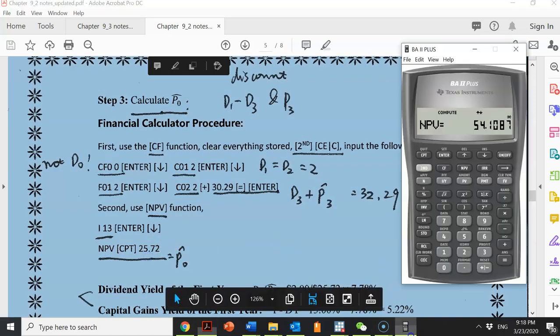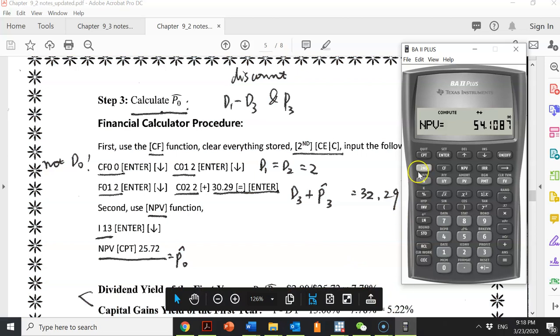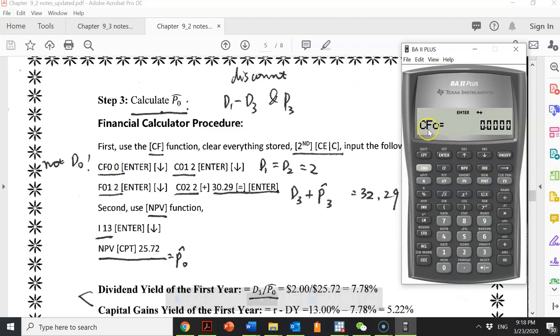If I show you on the calculator, I could have cash flow function, cash flow 0 as 0. Again, we do not input D0. Cash flow 1 is $2 here. Enter. Down button. Frequency 1, 2. Enter because we have two $2. Down button. Cash flow 2, D3 plus P3, 30.29 plus 2 equals 32.29.